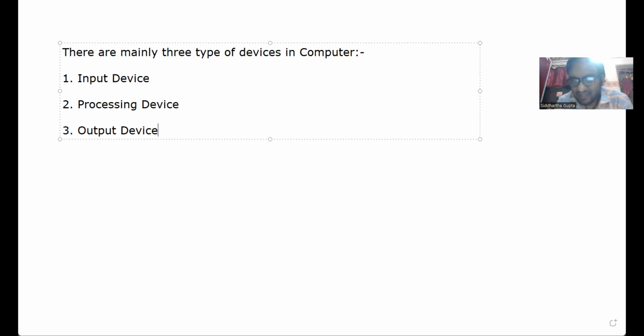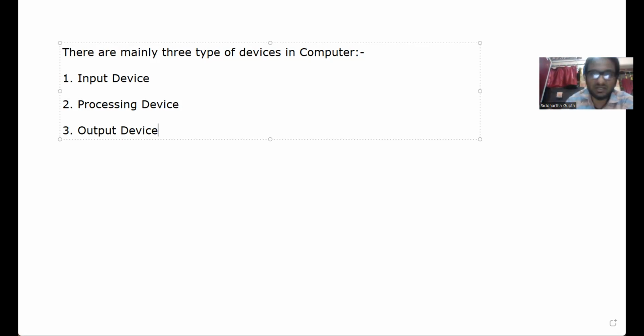Now I want to share a few more things: what are these input devices, processing devices, and output devices? I told you what input, process, and output are in my earlier class. So now I directly tell you what input devices are. The devices which feed information into the computer system are called input devices.